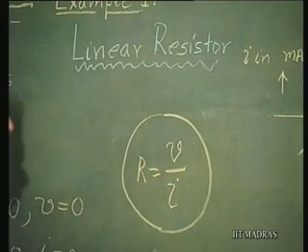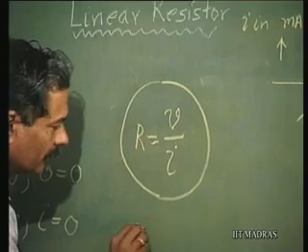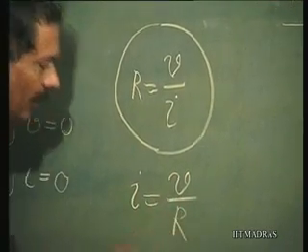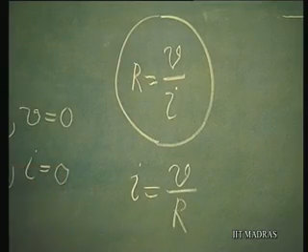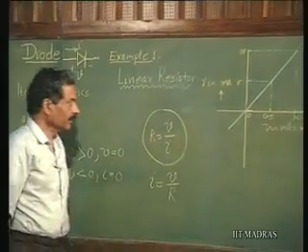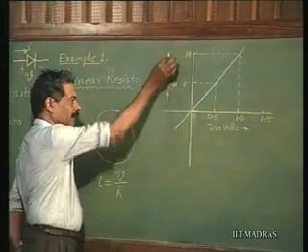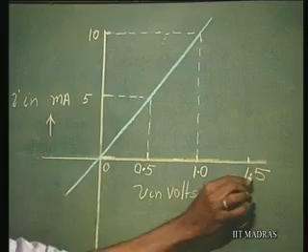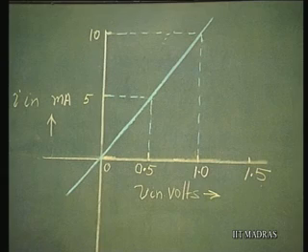This is plotted in terms of either I is equal to V by R or V is equal to I into R. Let us say I is on the y axis, V is on the x axis, 0, 0.5 volts, 1 volt, 1.5. Let us see this example.